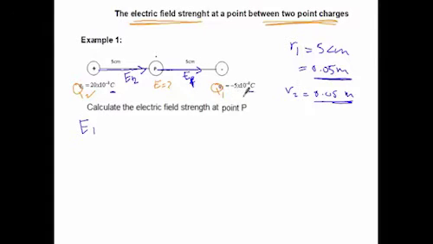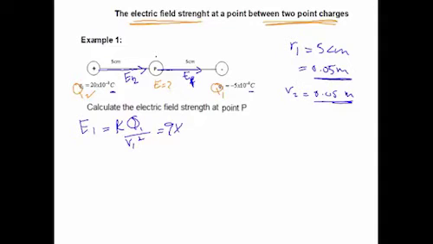It doesn't matter whether we consider this as Q1, E1 and Q2, E2. So our E1 will be K Q1 over R1 squared.